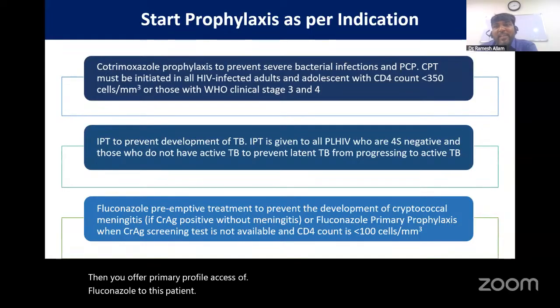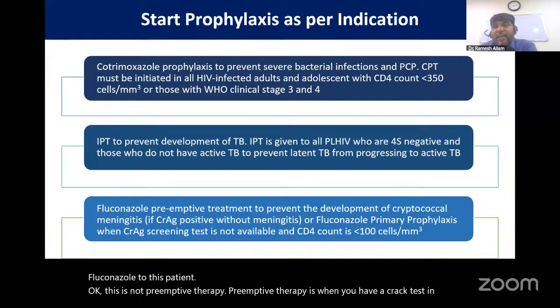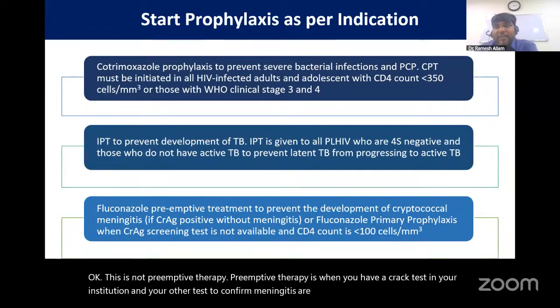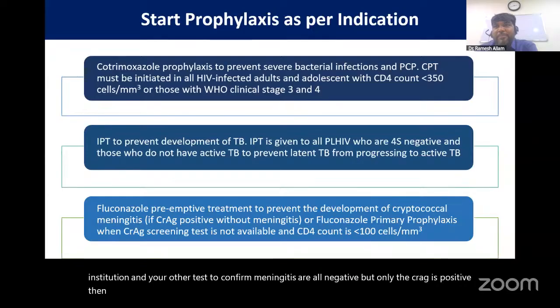This is not preemptive therapy. Preemptive therapy is when you have a CrAg test in your institution and your other tests to confirm meningitis are all negative, but only the CrAg is positive, then you give preemptive treatment, and the rest go to secondary and full-blown treatment.